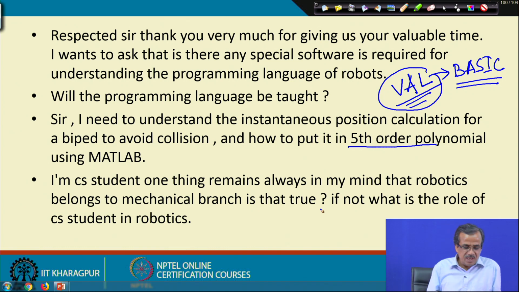For example, as a CS student, you can concentrate more on intelligent issues, like how to make the robot more intelligent and autonomous, and you can also concentrate on sensors and computer vision, or robot vision. The next is, if not, what is the role of a CS student in robotics? That I have already mentioned.